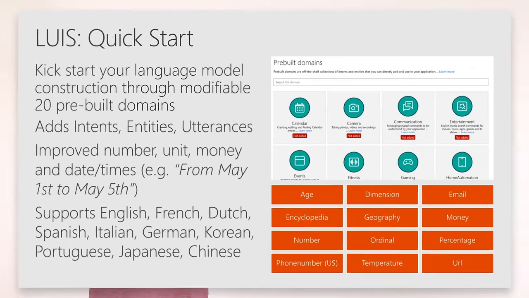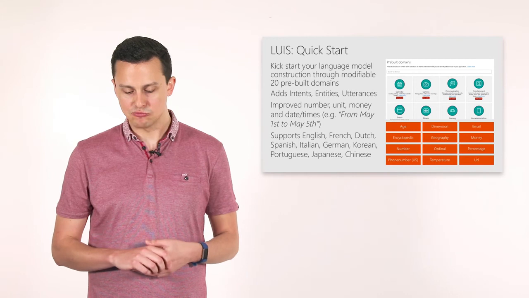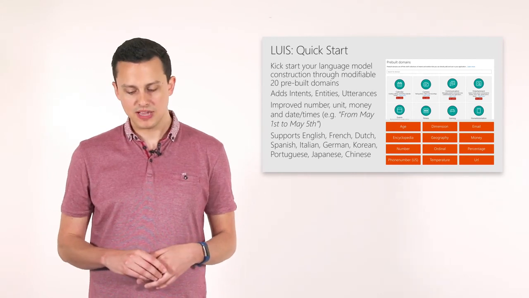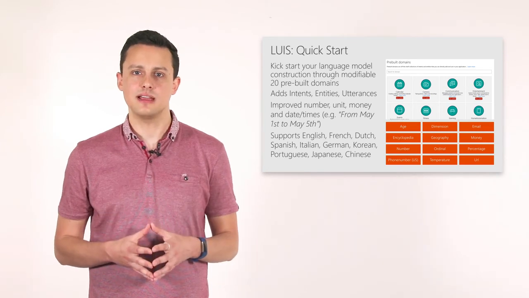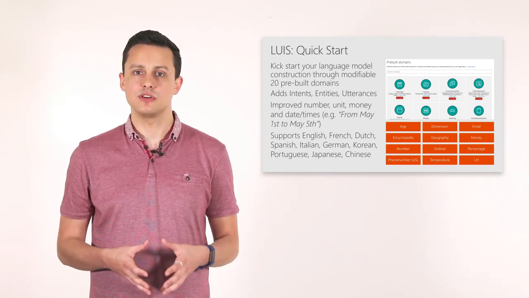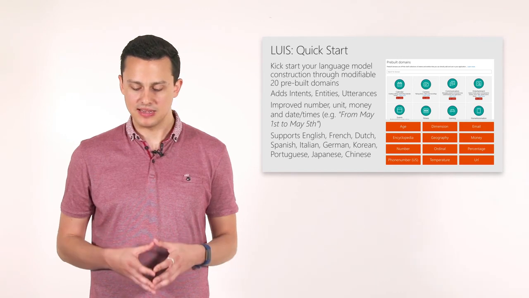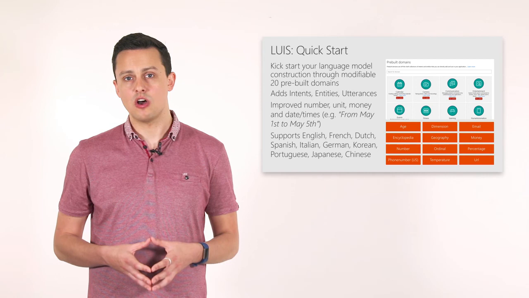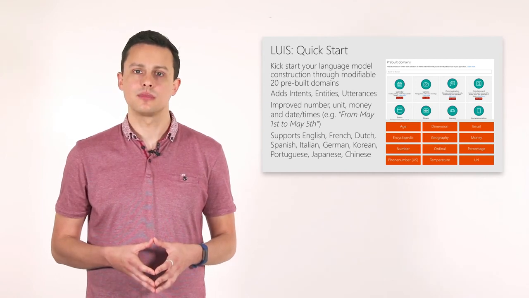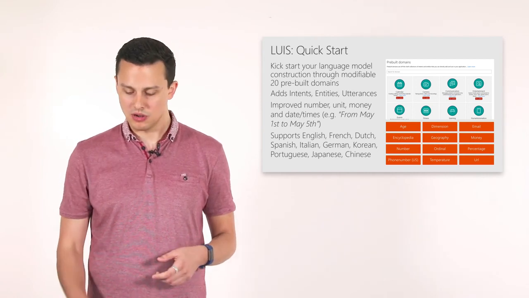Similarly, they have a whole bunch of inbuilt support for recognizing really complex concepts. For example, expressing dates and times is quite sophisticated from a natural language processing perspective, and they build that into the platform for us. Right now, LUIS supports around 10 languages, and this is expected to grow over time.